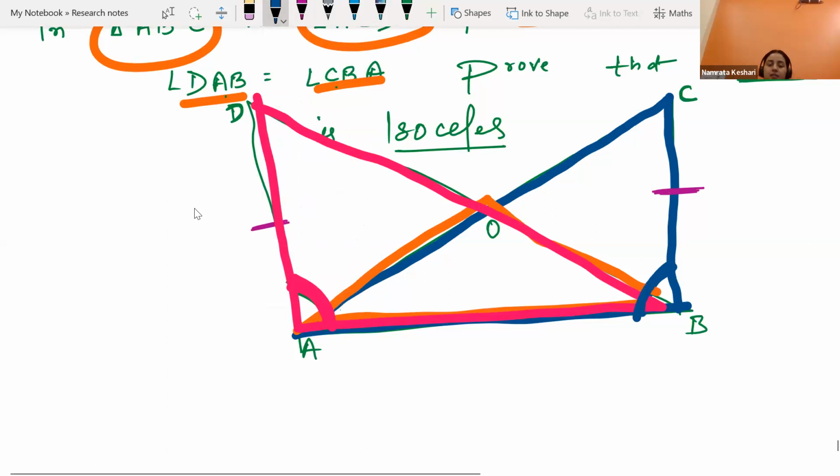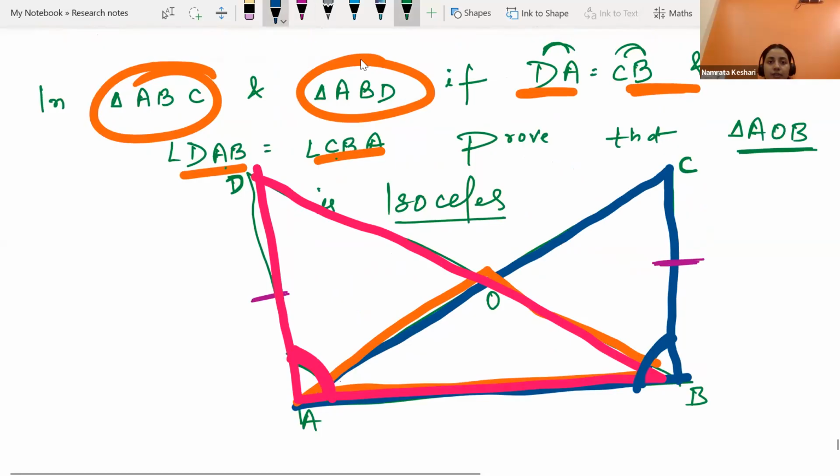This complete and this complete. So we have a triangle; I am writing the name by myself. The pink color triangle I am naming ADB, and the blue color triangle I am naming BCA. Randomly you can write the name.